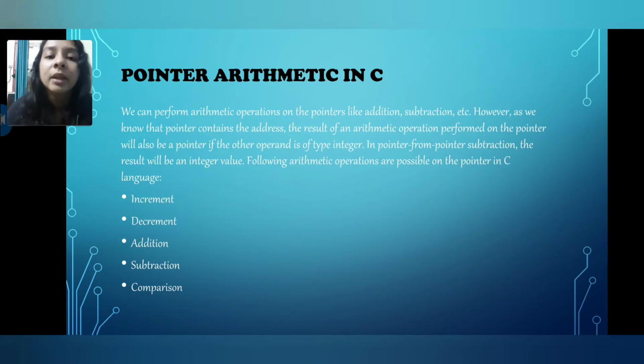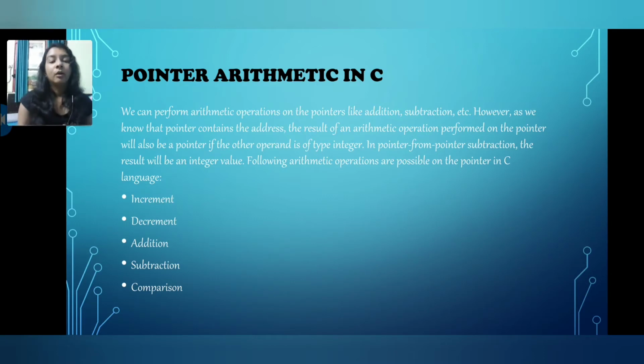However, as we know that pointers contain the address, the result of an arithmetic operation performed on the pointer will also be a pointer if the other operand is of type integer. This is an interesting concept here. When you perform an arithmetic calculation using two pointers in C, then the result would actually be an integer.